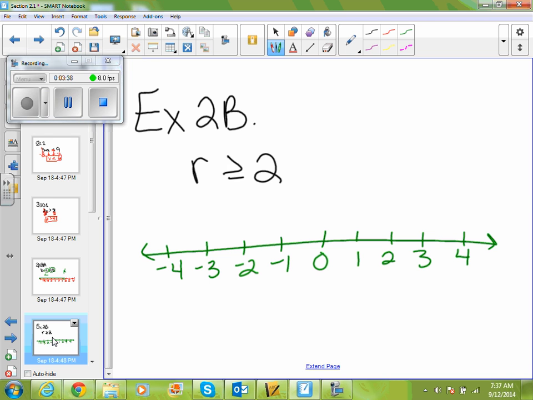And we see that we're starting at the point 2. And we also see that our inequality is greater than or equal to. Since it does include the line underneath, it's going to be a solid dot at 2. So I'm going to shade in my circle at 2. And then I also see that my inequality is pointing towards the right. So I draw my arrow towards the right.